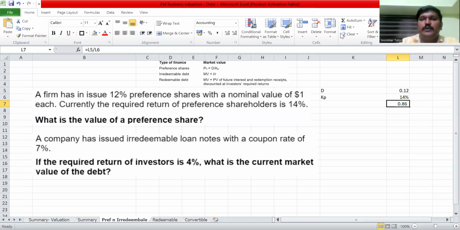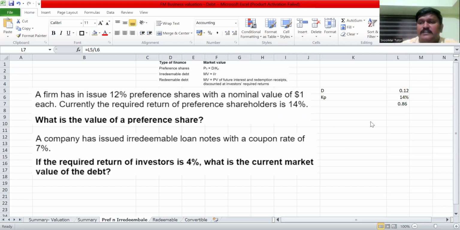So this is what we are looking at. Again, this is pretty simple, right? We have to use a particular formula to see what the value is. So you use a formula and get the figure over here. The value is like $0.86, or you can tell it in cents also.